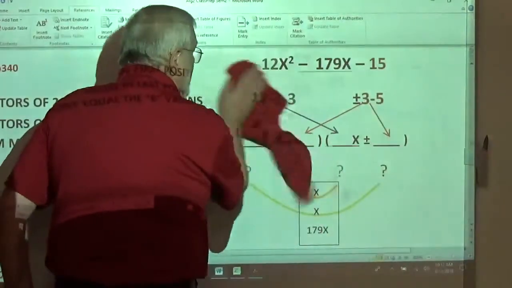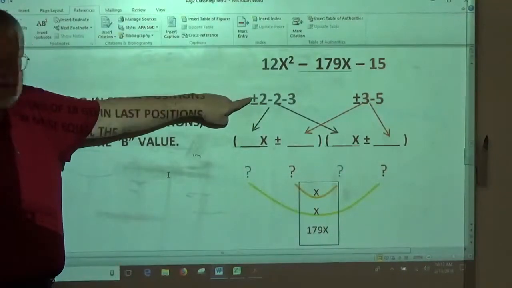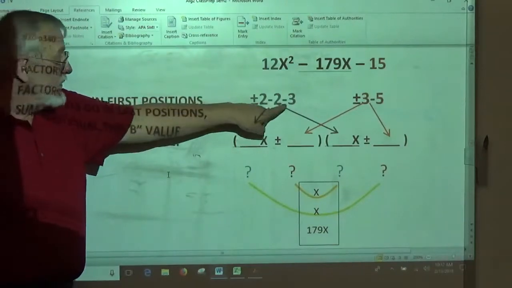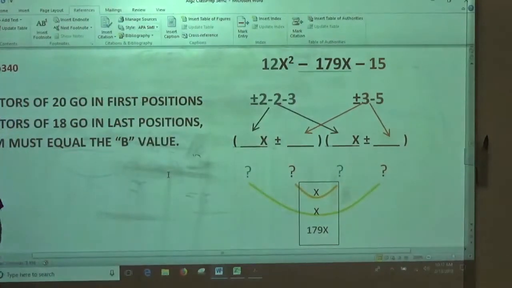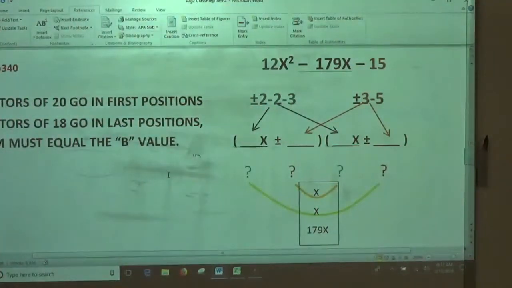Okay, same thing. So what do we have? We have factors of 12, which is 4 times 3, but because this is minus, I've got plus or minus issues, I have to subtract. And then what are the factors of 15? 3 and 5. So you got to break them apart, create a 12 somehow, and then figure out what's going to end up to be 179.